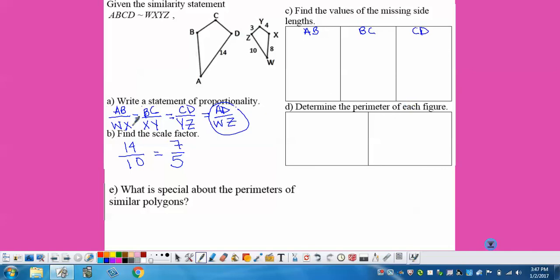We know AB goes over WX, and we know WX is 8, and that has to simplify to 7 over 5. So 5 times AB has to equal 56. And if we divide both sides by 5, we get that AB equals 11.2.